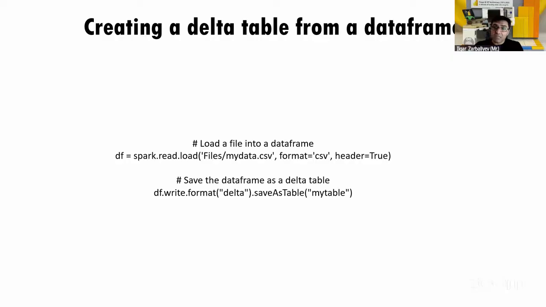The data for the table is saved in Parquet files, regardless of the format of the source file we loaded, in the table storage area of the Lakehouse, along with the underscore delta underscore log folder containing the transaction logs. And the table is then listed in the tables folder for the Lakehouse in the Data Explorer pane. So one line of code gives us a fully functional queryable delta table.